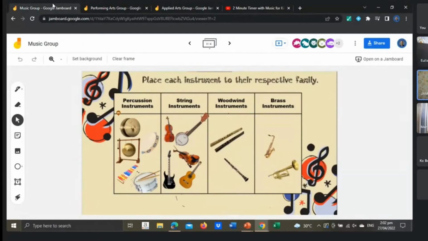Let us now check. Let me first change the setting from editor to only viewer so that you can't change your answers.